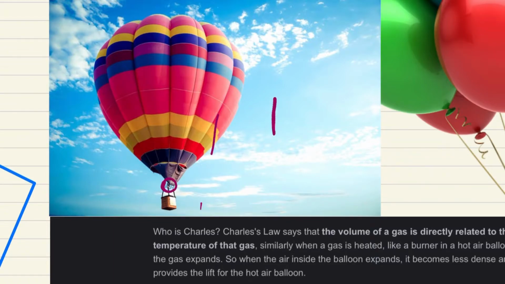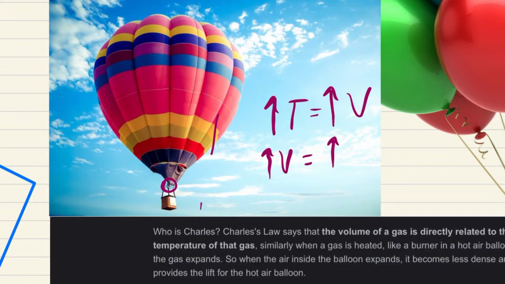So we have an increase in temperature. This also means we have an increase in volume, and vice versa. If there's an increase in volume, that means there was an increase in temperature. So there's a direct relationship there.